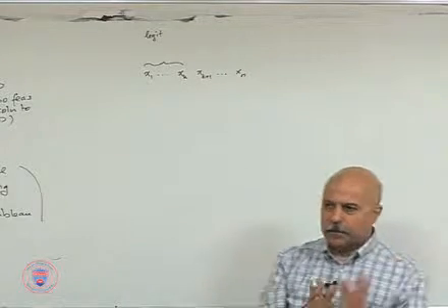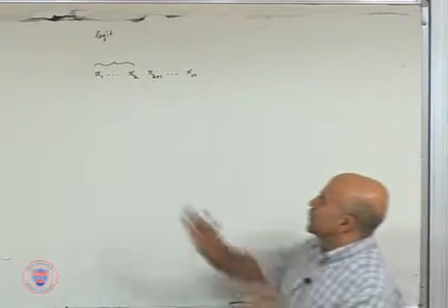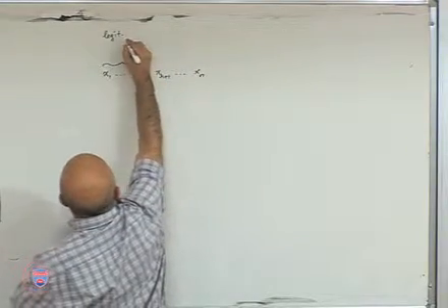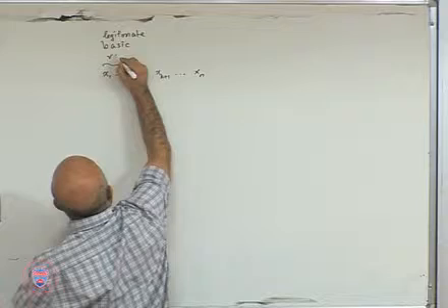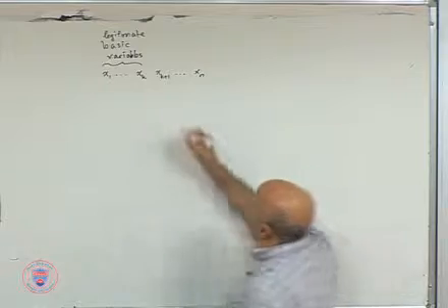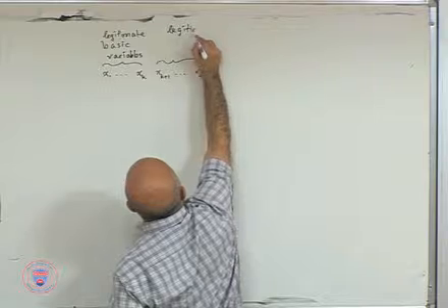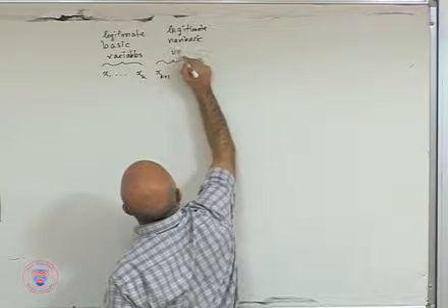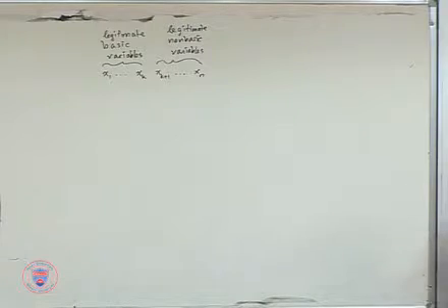Okay, assume that the original problem has n variables. Some of them will be basic, the other ones will be non-basic. That's how I partitioned here. So the legitimate basic variables are the first k of them. And then we have the legitimate non-basic variables, xk plus 1 up to xn.